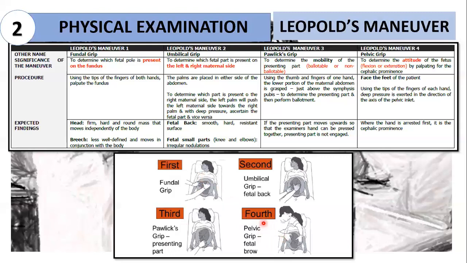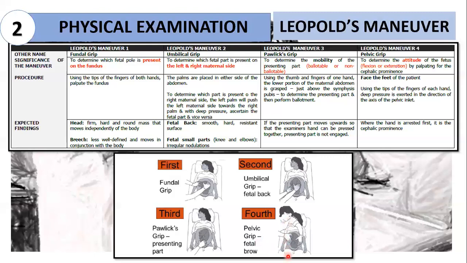And this is used to determine the attitude of the fetus, if it is either flexion or extension, by palpating the cephalic prominence. Okay, we use the tips of our fingers of each hand, applying deep pressure in the direction of the axis of the pelvic inlet. And where our hand would be arrested first, then that would be the cephalic prominence.